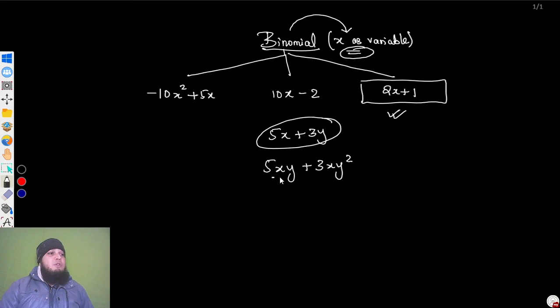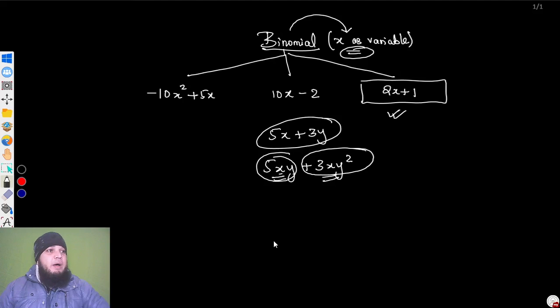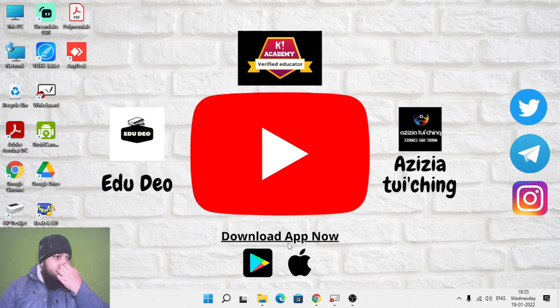So here also we have used xy as variable, and we have made only two terms. One term is plus 3xy square and another term is plus 5xy. Okay.